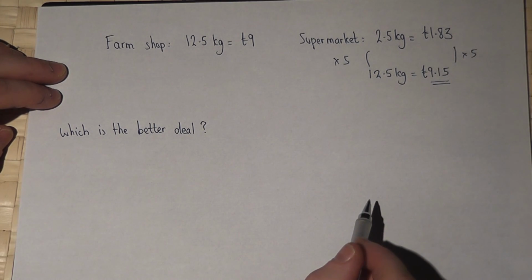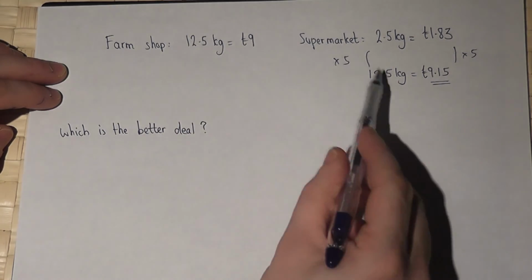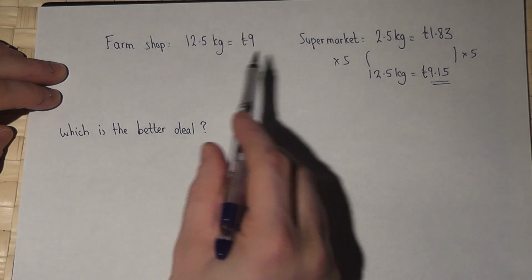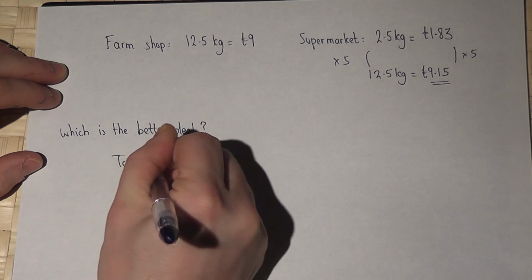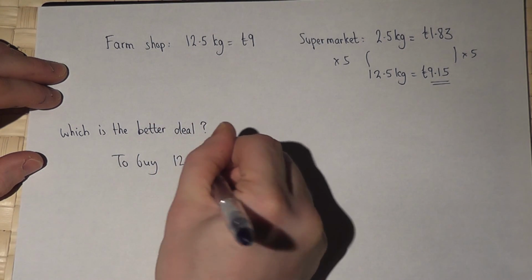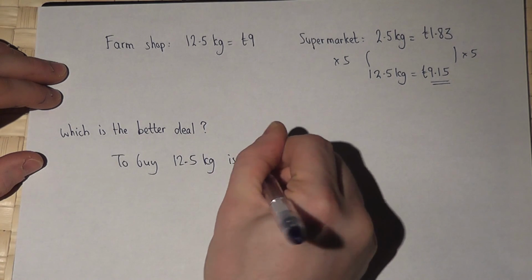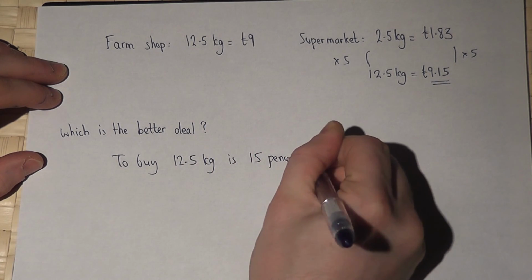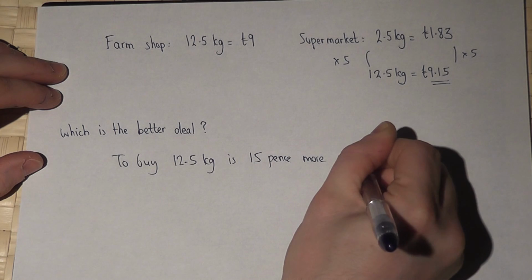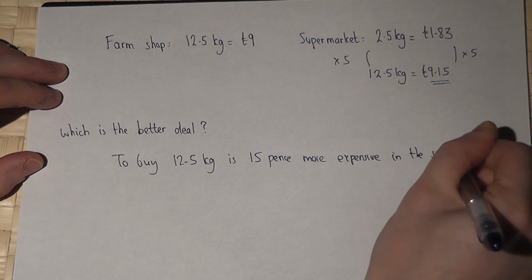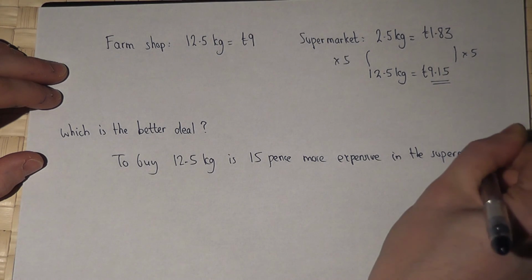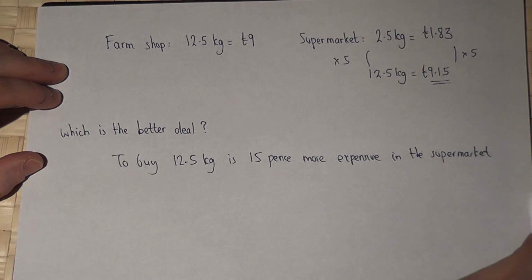So what we've shown is that to buy the same amount of potatoes is more expensive in the supermarket. So to buy 12.5 kilograms is 15 pence more expensive in the supermarket. So the better deal is at the farm shop.